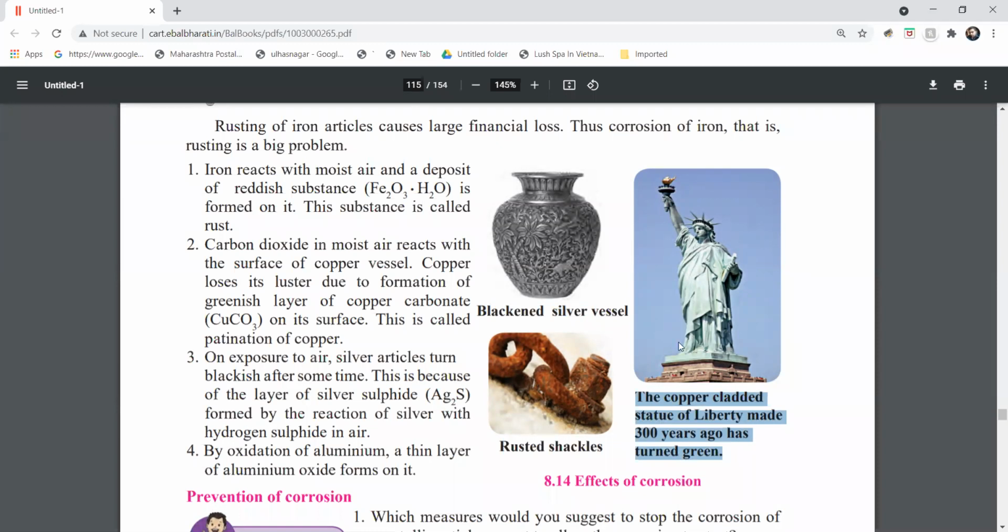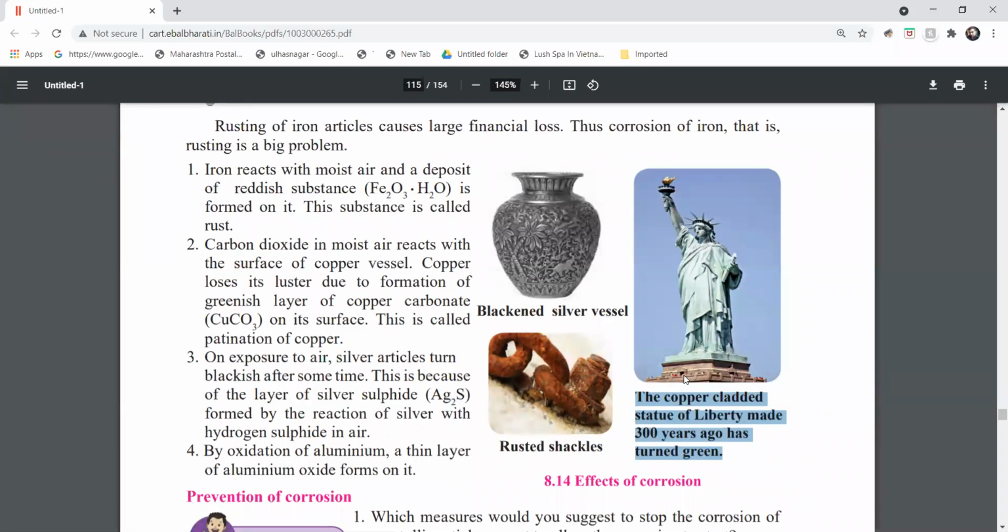It looks green. You know how copper looks, right? It looks goldish brown, but this looks green. The reason it looks green is corrosion, and they don't have the capability to clean such a big thing continuously and ensure that there is no corrosion. So that is why it has turned green.